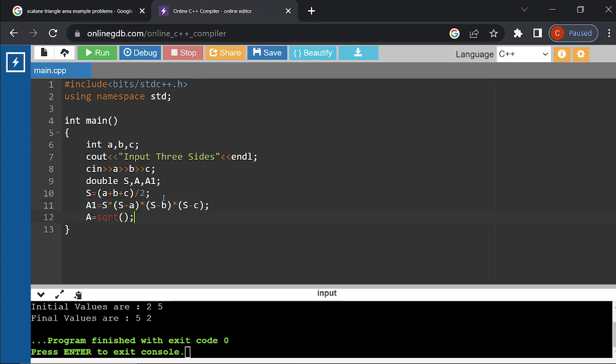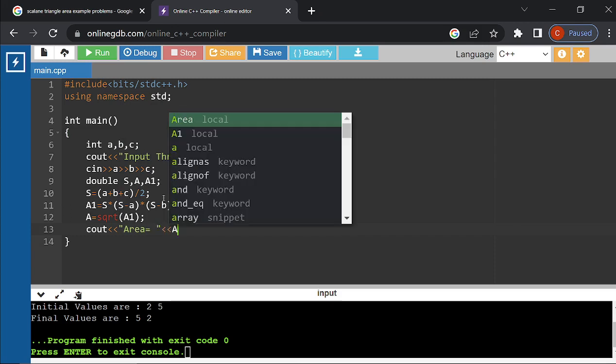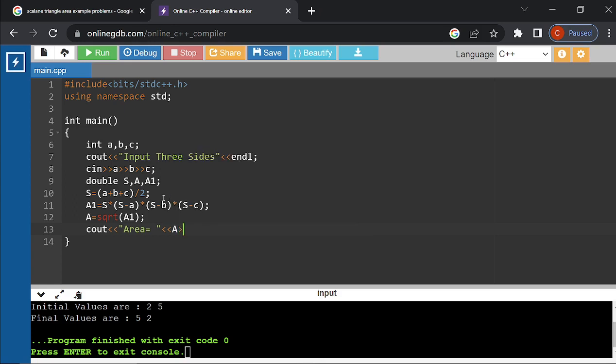All right, so now sqrt of A1. Now print out the area, area is equal to A, and endl for ending the line.